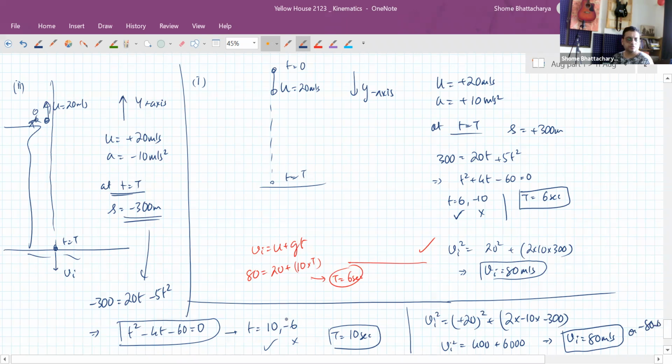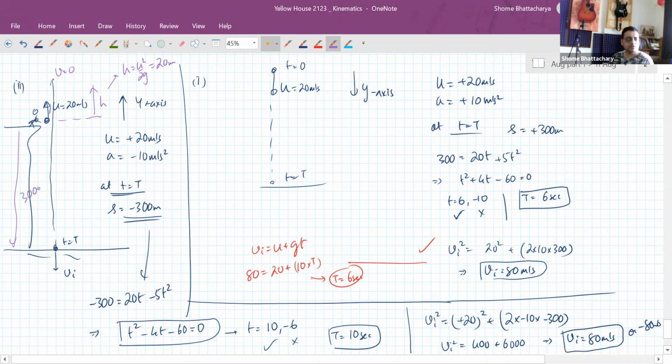This is downwards. Okay. And now what we can do is you can find this height from here to here. You can find this height because at the top point v is 0. So this height will be how much? It will be u square by 2g. So it will be 20 meters. So you can see that the total distance will be 20 up plus 20 down plus 300 downwards.